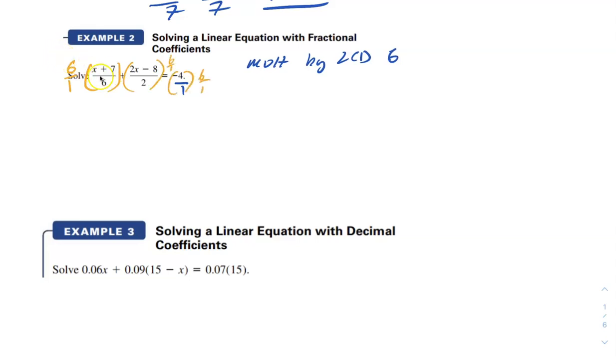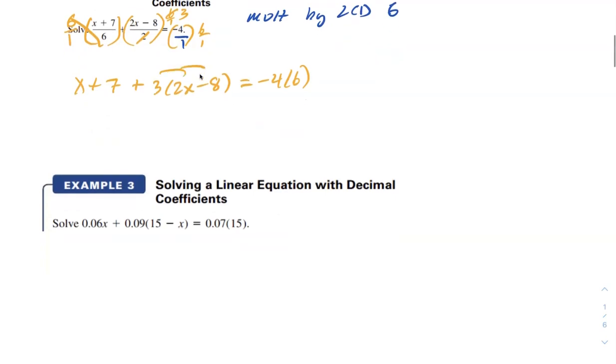So over here, the 6's just cancel out, and I get x plus 7. Over here, 6 and 2 reduce. I could reduce that, and I get 3. So multiplying all this by 3. So I'll just write that for now. And on this side, nothing cancels, it's just negative 4 times 6, which again, I'll just write like this for now. Simplify later.